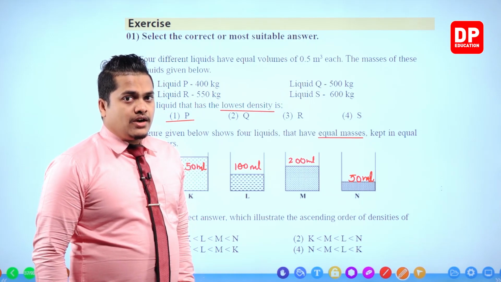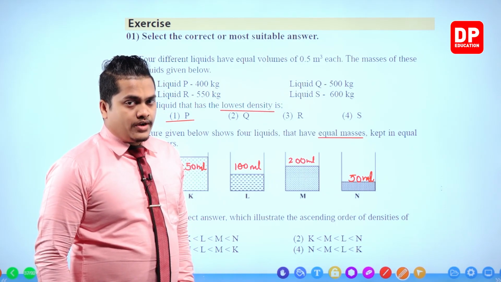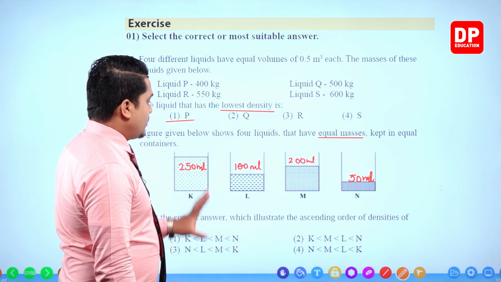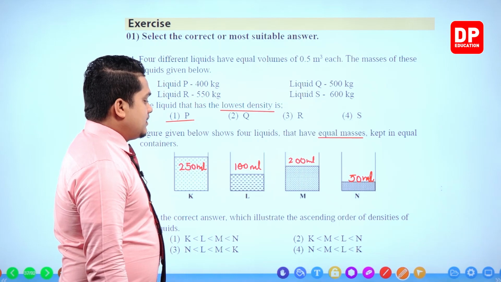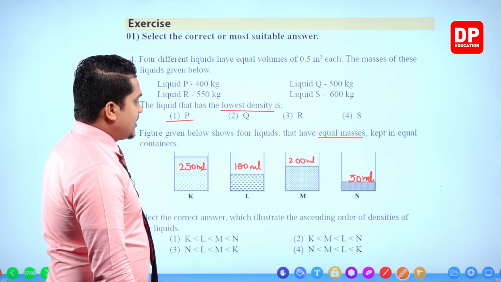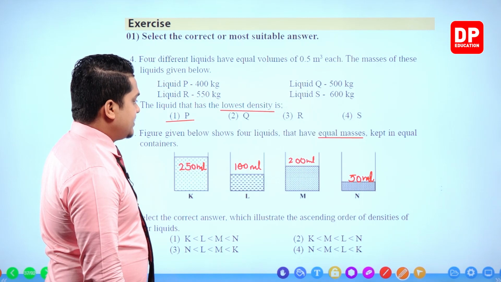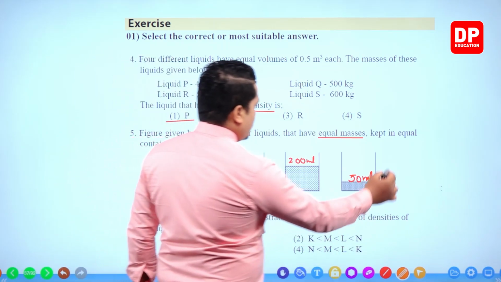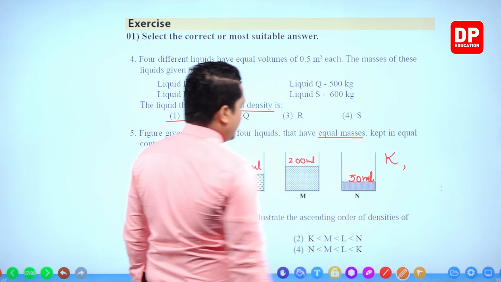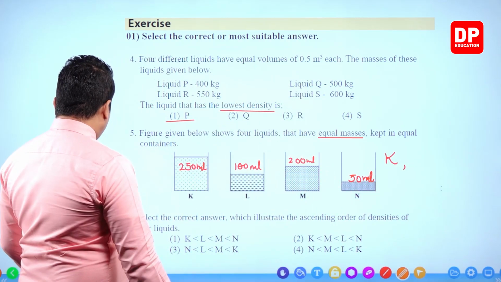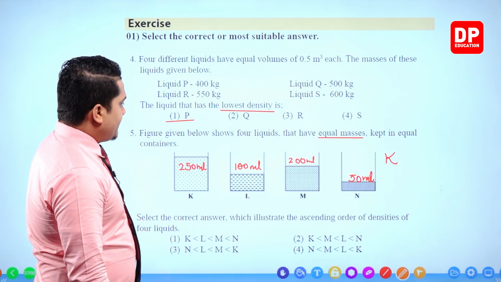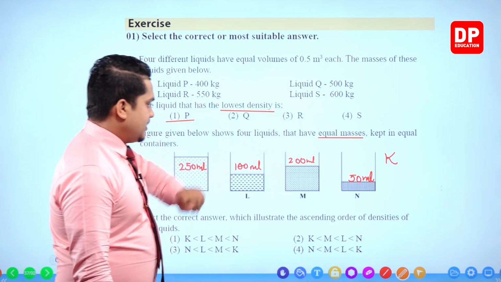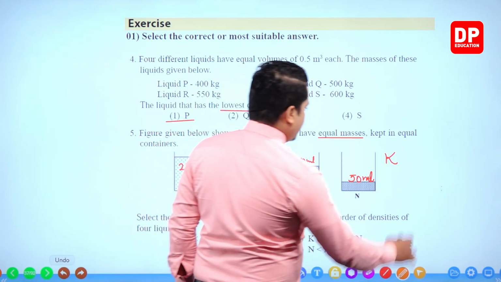If you need to find out the densities from lowest one to highest one, we can do it like this. First of all, we need to check the lowest density. The lowest density can be observed in K. This is the lowest one, K. Then after K, the second lowest one would be this thing, 200 milliliters.